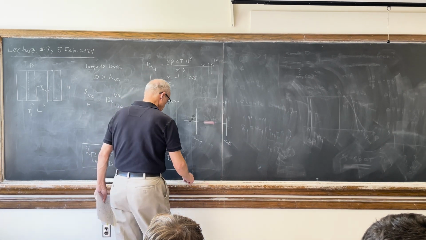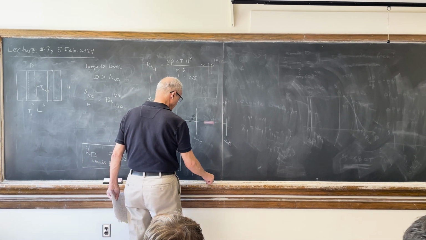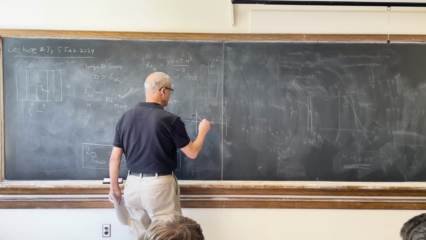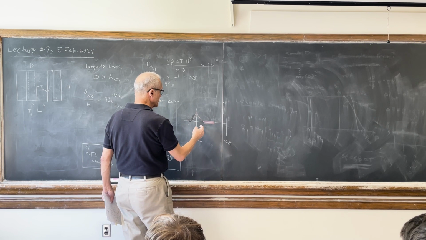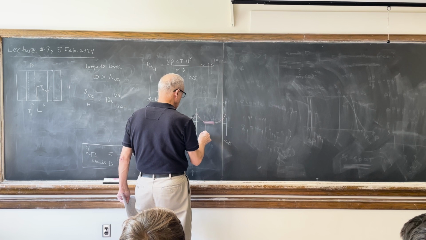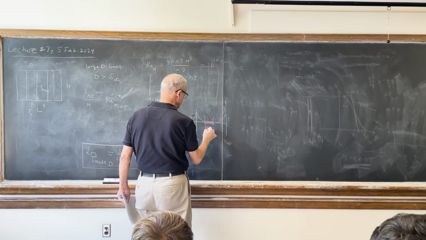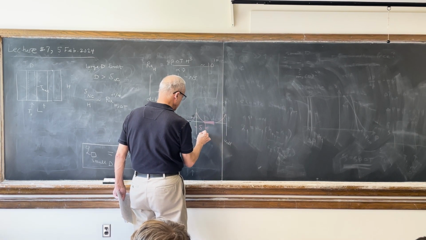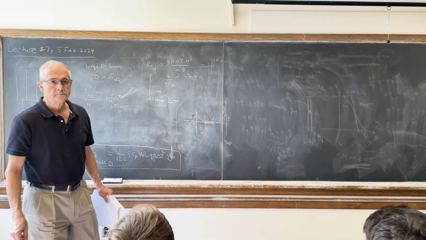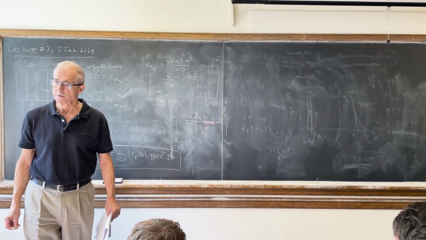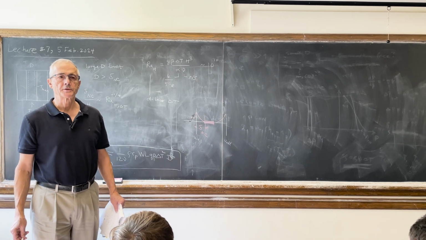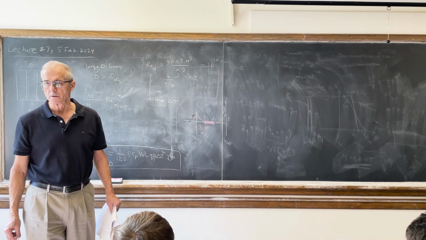And then closer to the walls, the air becomes warmer. And this is the boundary layer region of length scale delta, delta natural convection.